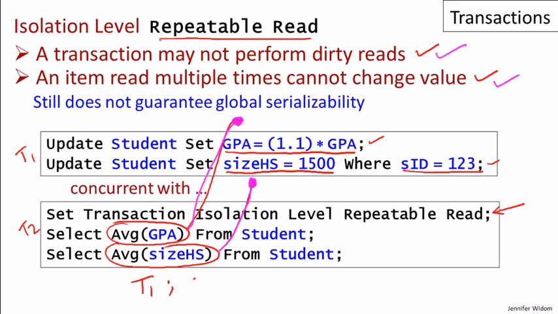We're not equivalent to T1 before T2 because the first statement of T2 is going before T1, or seeing the state before T1, and we're not equivalent to T2 followed by T1 because the second statement of T2 is seeing the state after T1.